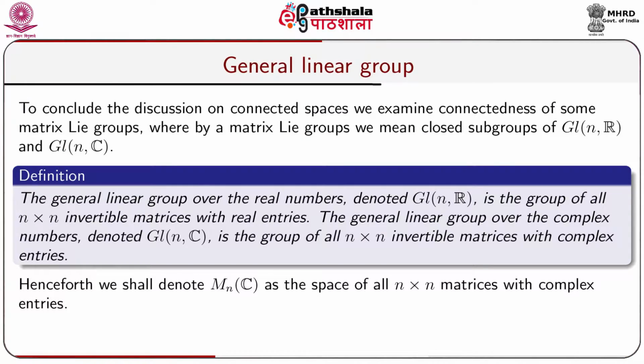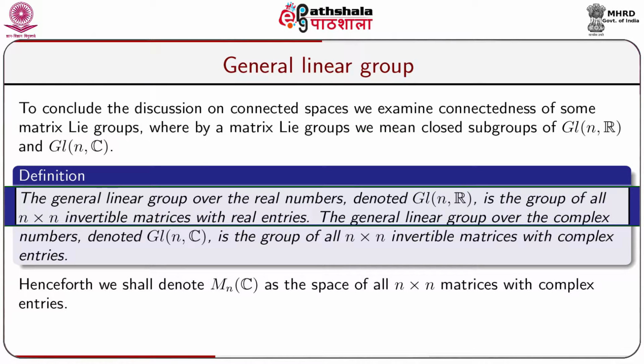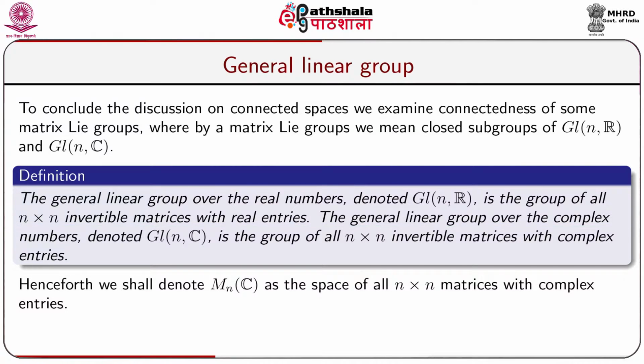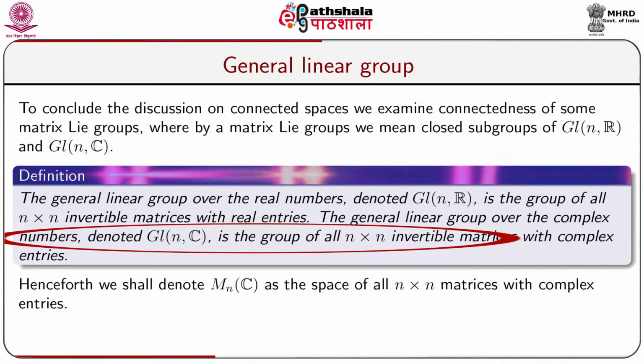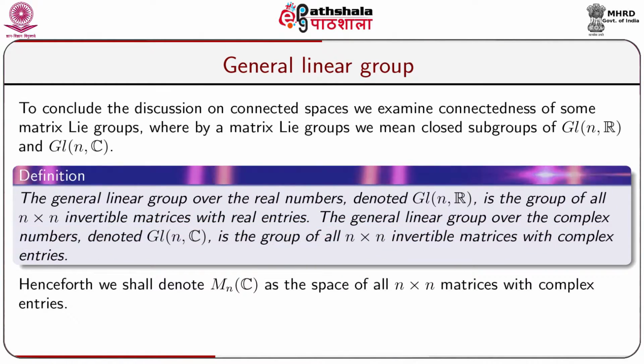So let us start with the general linear groups over R and C. The general linear group over the real numbers, which will be denoted by GLNR, is the group of all n by n non-singular matrices with real entries, and the general linear group over complex numbers, which we will denote by GLNC, is the group of all n by n invertible matrices with complex entries.